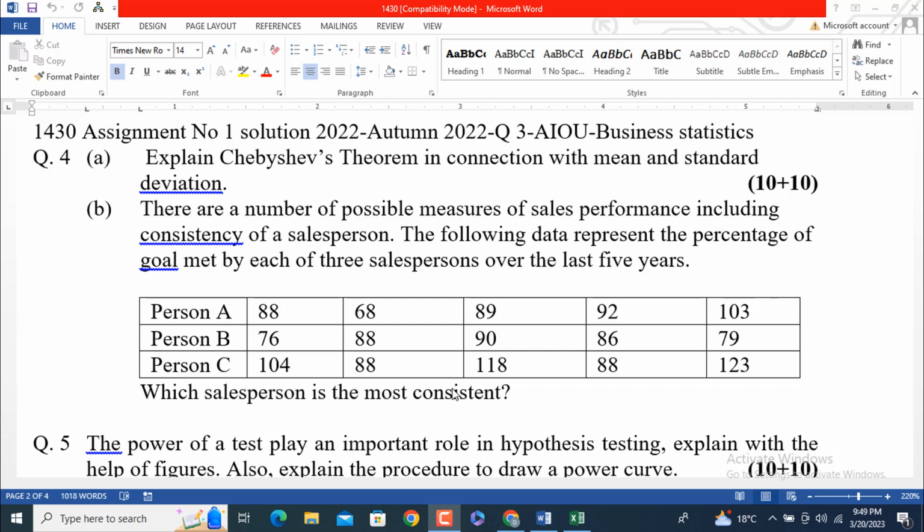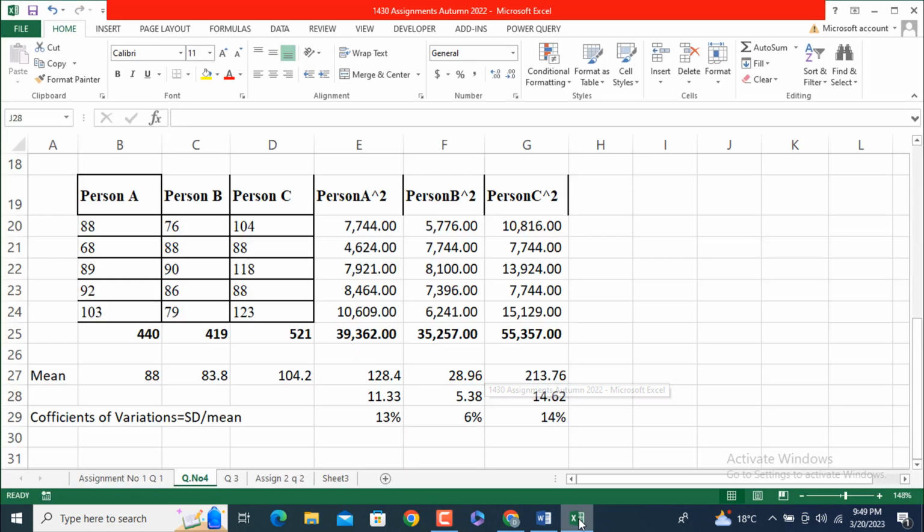In other words, we are going to measure the standard deviation of each salesperson, and on the basis of that we are going to decide which salesperson shows consistency in his sales performance. Let's dive into our solution, which I have made in an MS Excel workbook. Here is the data: person A, person B, person C. Here is the data: 88, 68, 69, 92, and here is the total, 440.